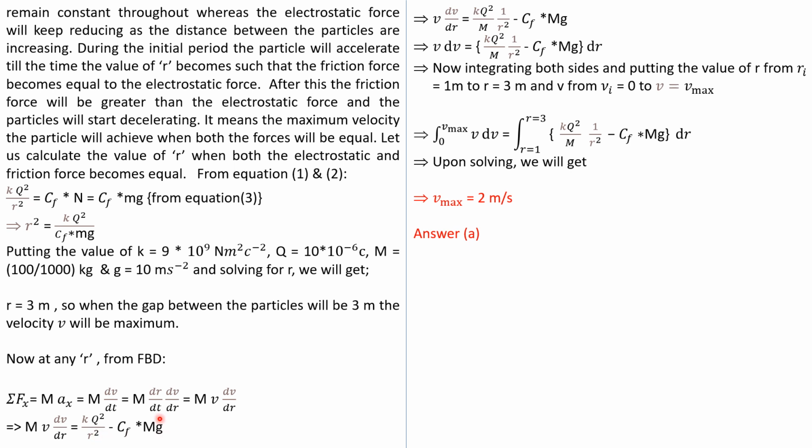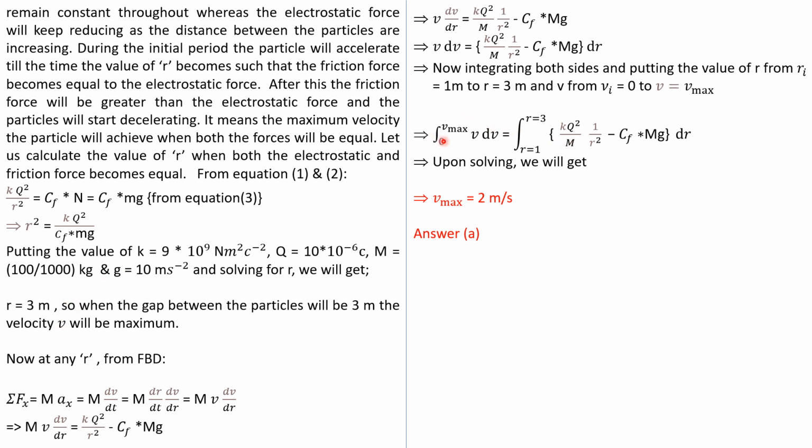This is the resultant force in the x direction. So keep on simplifying and solving. Upon integrating on the left and on the right side, we had started from rest, so we will say it's 0, and we are taking r equal to 1, the initial condition, to r equal to 3 meter when the velocity was maximum.